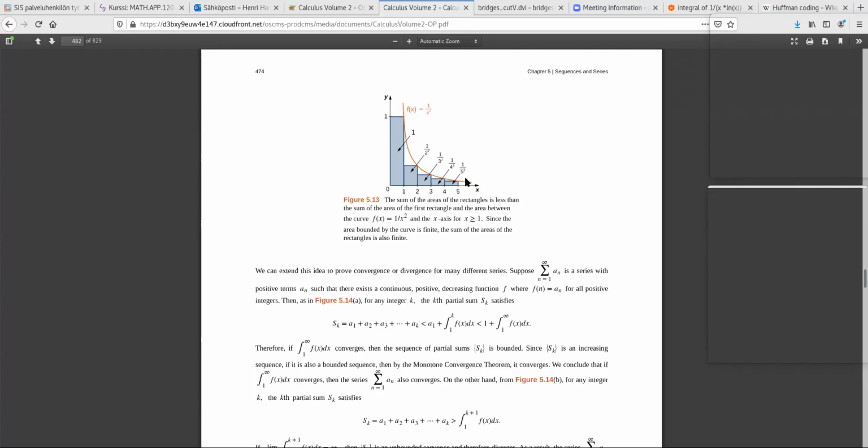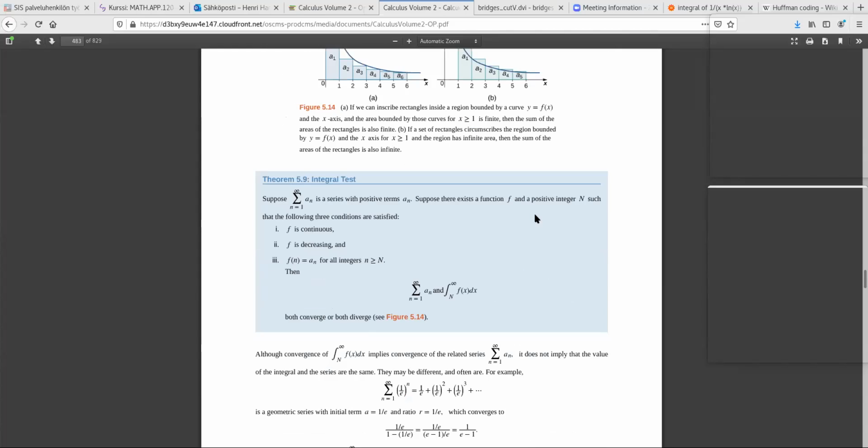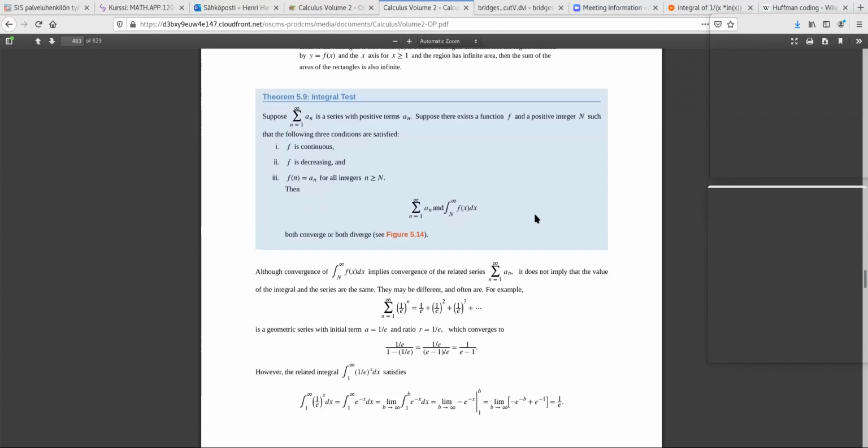In reality, we already mentioned this: one way to test is that if we have a sum as n ranges from 1 to infinity, and then the integral of f of x from n to infinity, where n is some positive integer large enough such that everywhere after values larger than this n, f is continuous, decreasing, and f of n is equal to a_n for all integers.